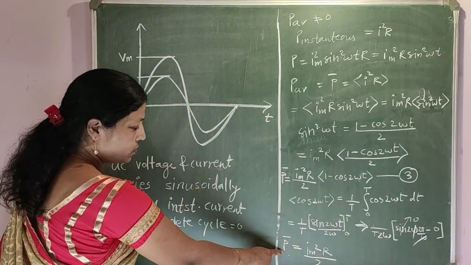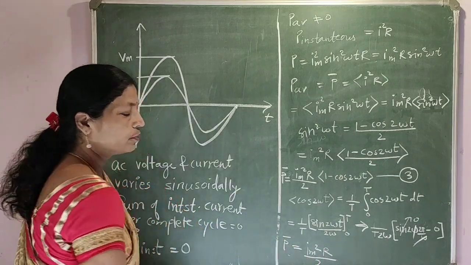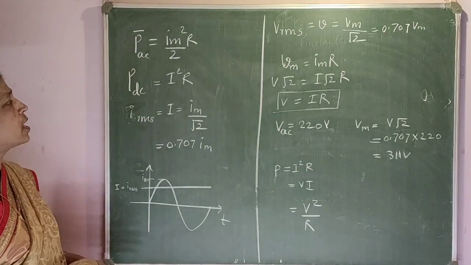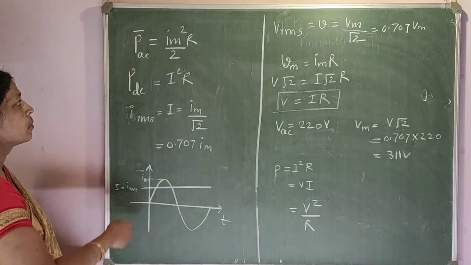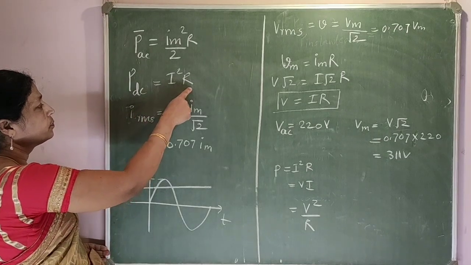So P average is I maximum square R upon 2. As we have seen, average power in AC is I maximum square R upon 2. What is power in DC? Power in DC is I square R.